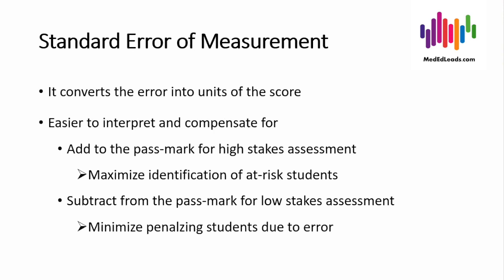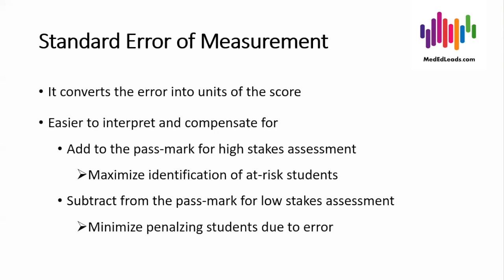So when we talked of reliability, it ranges from 0 to 1. So the reliability of the scores on your exam: very poor reliability, 0.87, very good reliability. However, what does it mean? How do I interpret it as an examiner, as an exam coordinator, as a faculty, as an assessment lead?